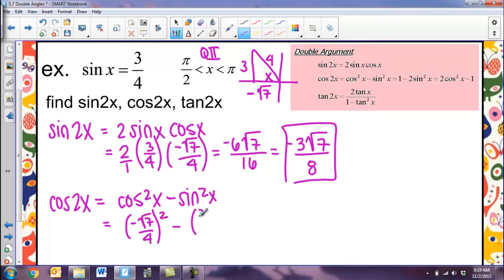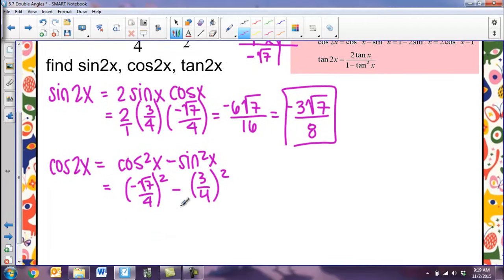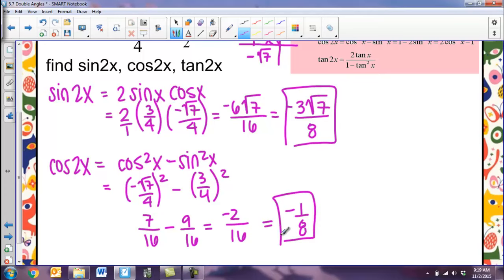Same deal with sine, that was 3 over 4. And so when I square this, the squared does distribute into the parentheses, so you would square that top, which would give you positive just 7, all over 4 squared is 16, minus 3 squared is 9 over 16. Now I can simplify this down because it has a common denominator, thankfully. 7 minus 9 is negative 2 over 16, which simplifies to be negative 1 over 8.